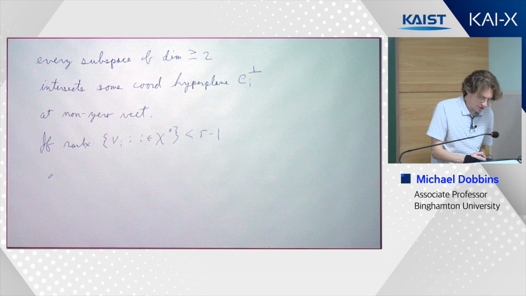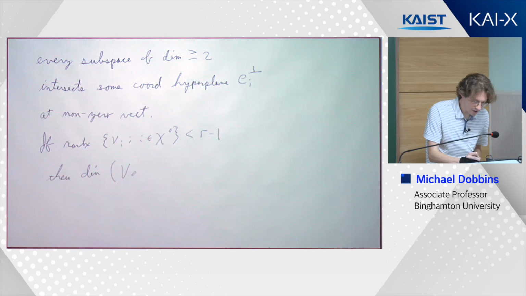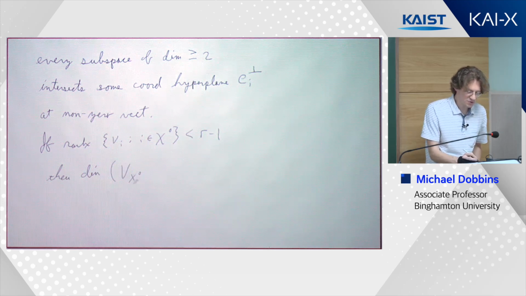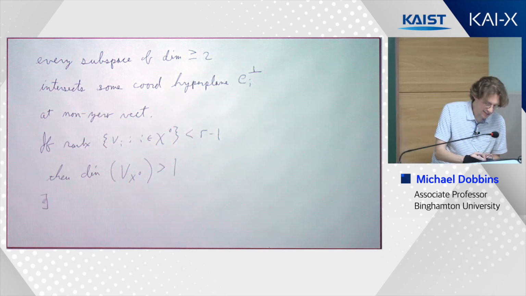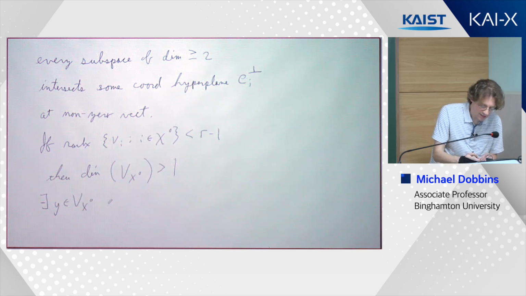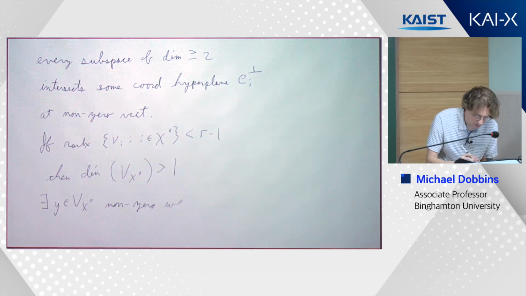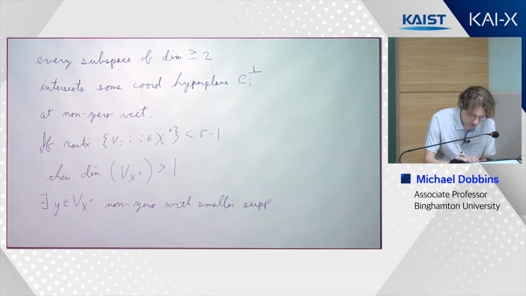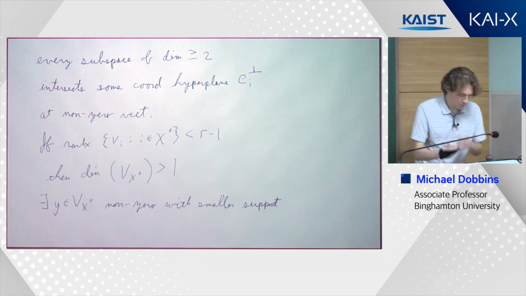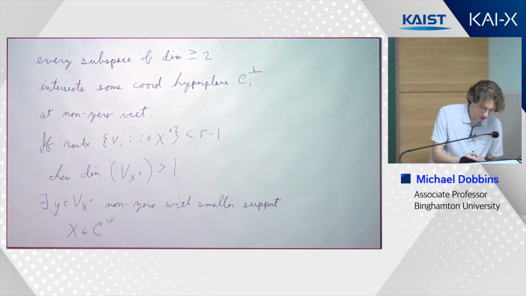Then we would have that the dimension of the space in our row space where we get 0 in those same coordinates would have to be greater than 1, which means that there would have to exist some non-zero y in that space with smaller support. Which means that our original x was not a cocircuit.